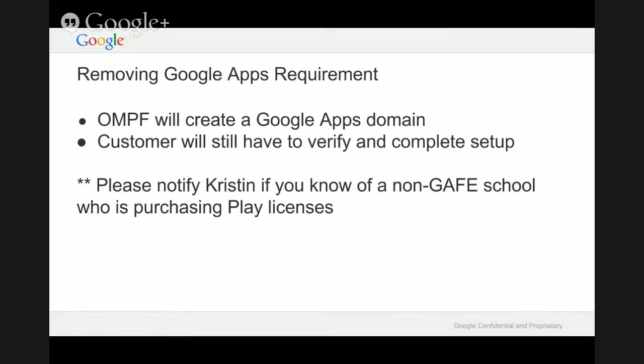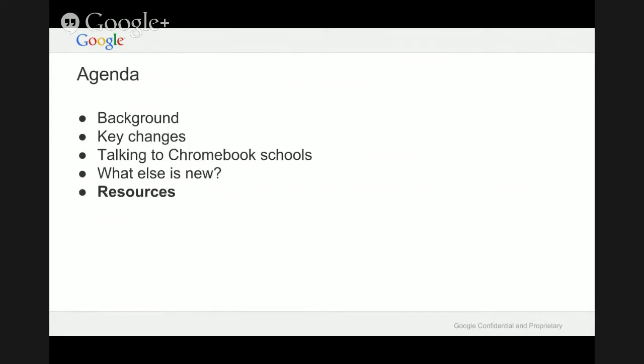The school will still have to go in and verify that domain and complete setup for Google Apps, but it won't be the gating factor in purchasing their licenses. If you have any schools that are interested in purchasing that aren't currently on Google Apps, please let me know, just so that we can give a heads up at this point to our order processing team that they'll need to create that Google Apps domain.